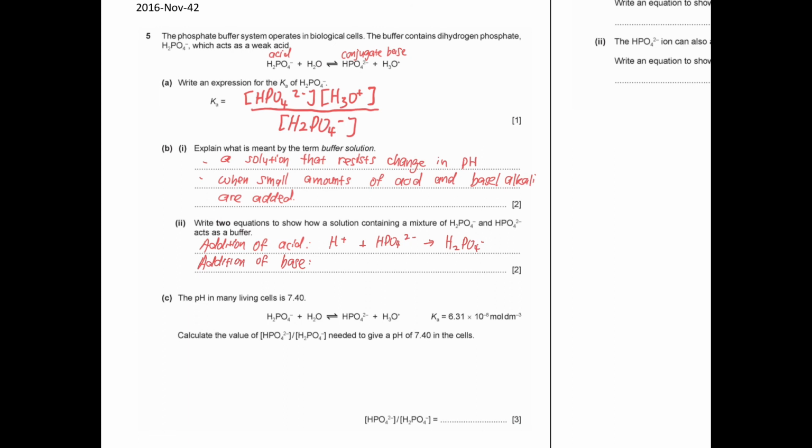So the acid H2PO4- is going to handle the hydroxide ion and neutralize it. What do they form? They will form HPO4 2- plus water. So the theory part is just like that.